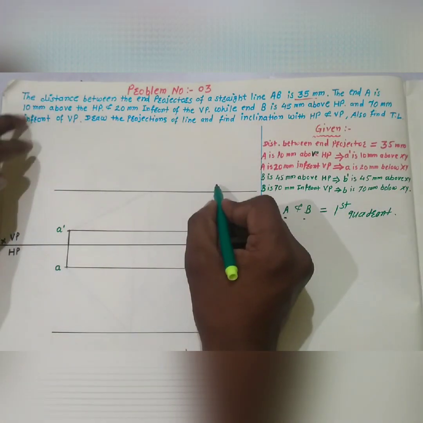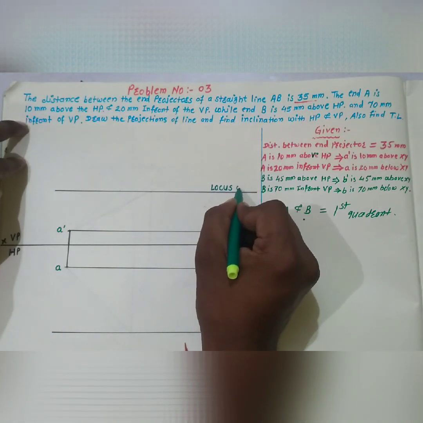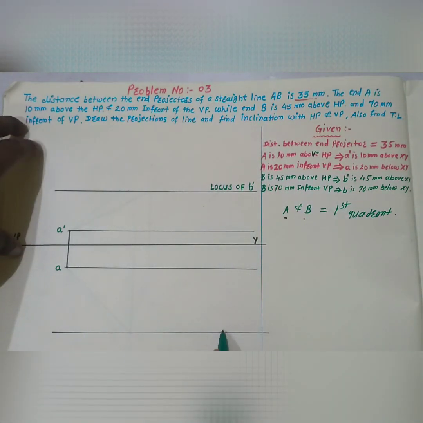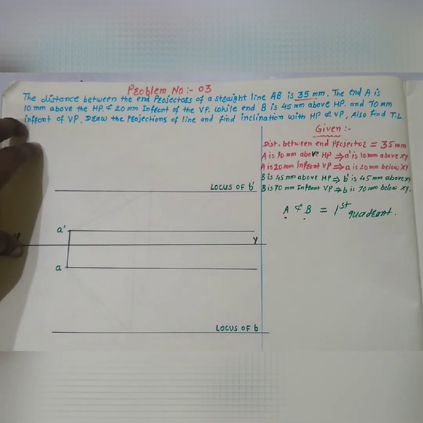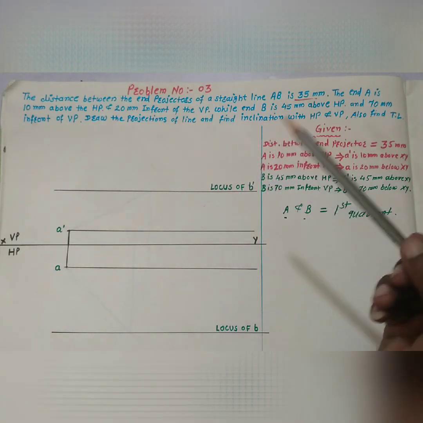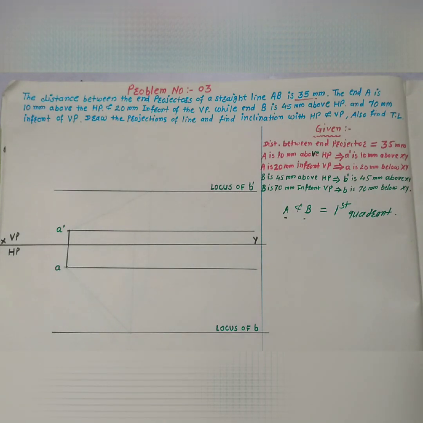This line is the locus of B dash, and this line is the locus of B. Now these four data, 10, 20, 45 and 70 mm, we have used. The distance between end projectors is given, and the remaining thing is 35 mm.